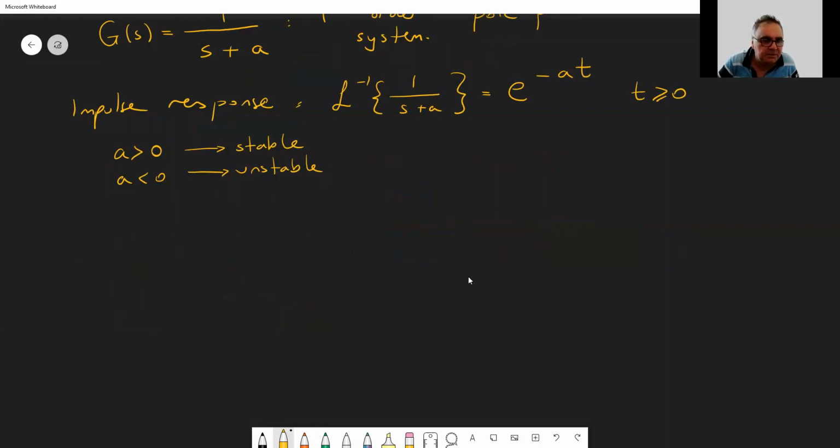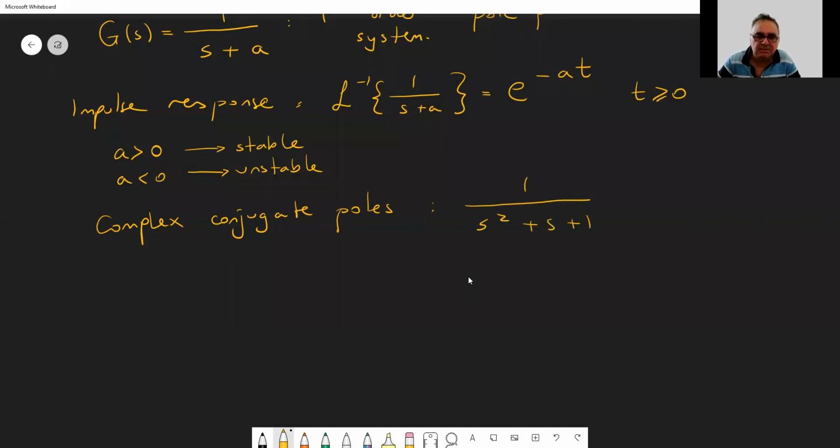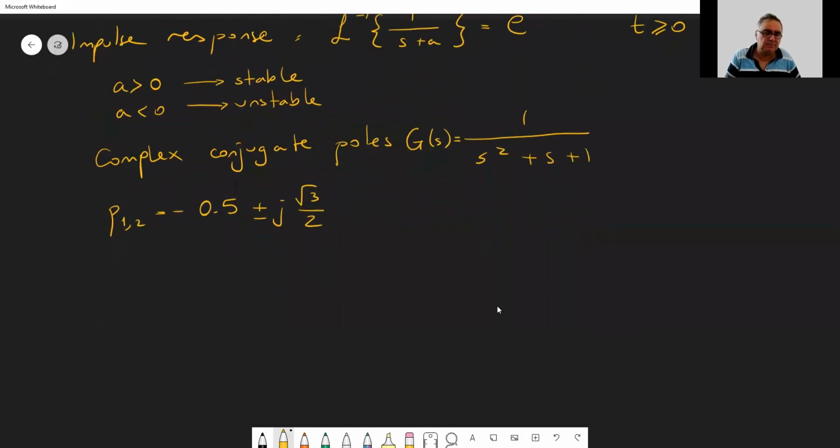For example, you might have complex conjugate poles, in which you have, let's say, something like 1 over S squared plus S plus 1 as the G of S, where the poles are minus 0.5 plus or minus J. Or we might have different poles like these.